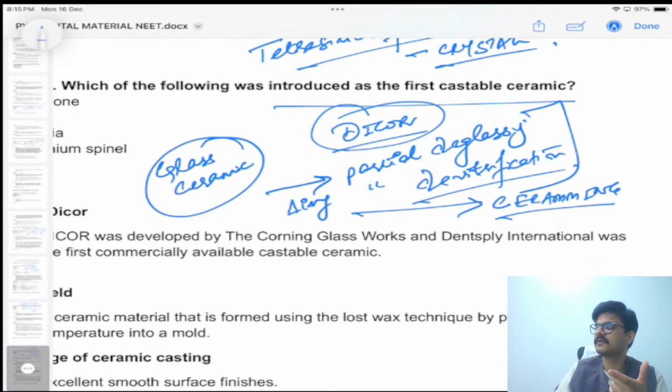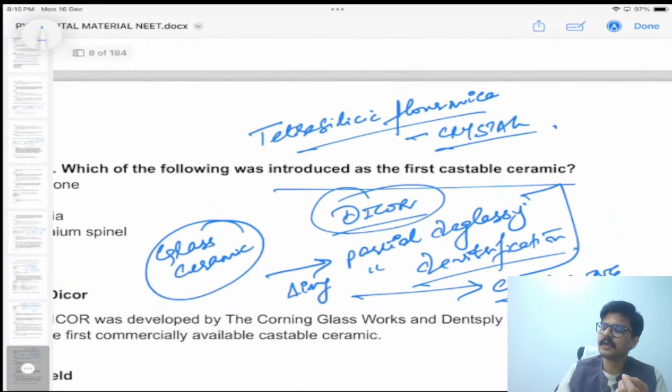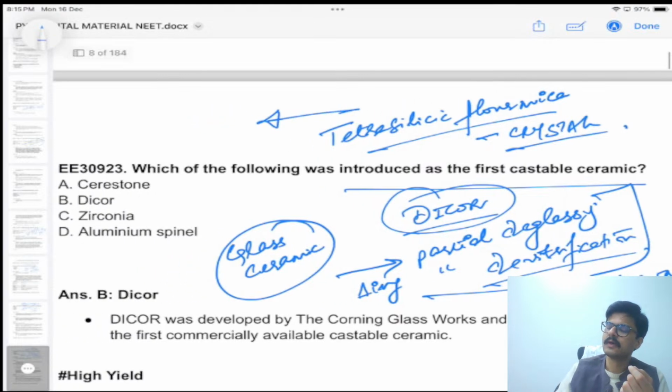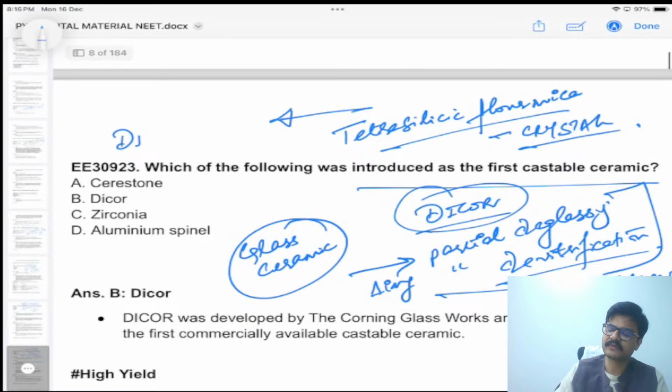Of course, this is a method to strengthen the ceramic, and how does it do that? These crystals get dispersed in the three-dimensional structure of the ceramic, acting as an impediment or an obstacle to crack propagation. So this process is known as dispersion strengthening.